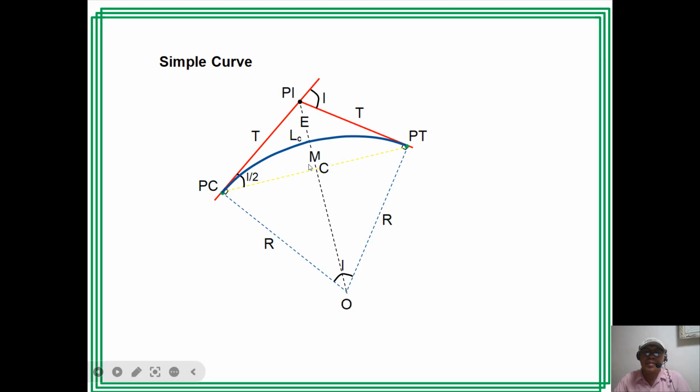And we have here the middle ordinate from the center of the curve to the center of the long chord. Okay, so by trigonometry, this is I over 2 here, and then by considering triangles, we can solve for the requirement. If some of the elements of the simple curve are given, then we can solve the requirement in the problem.